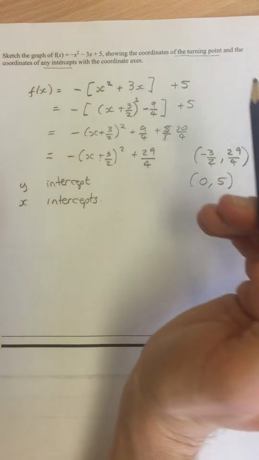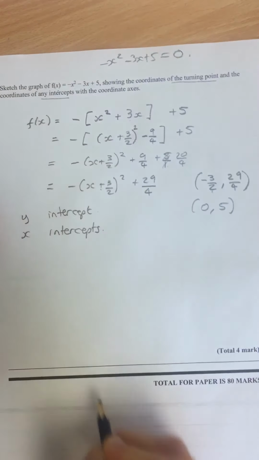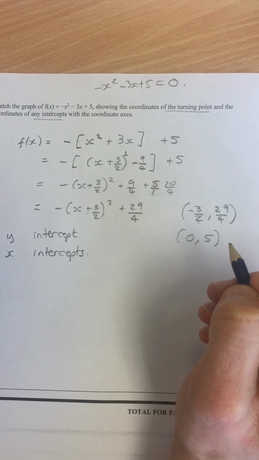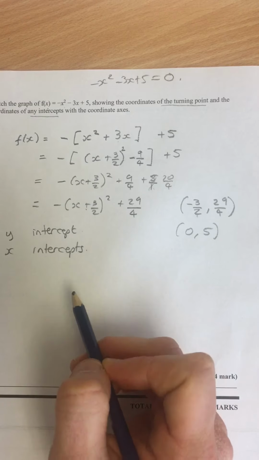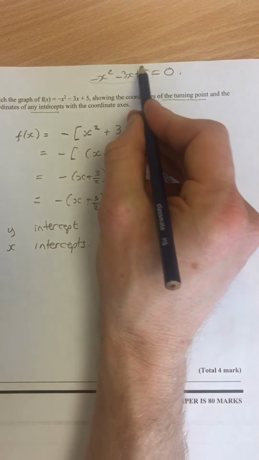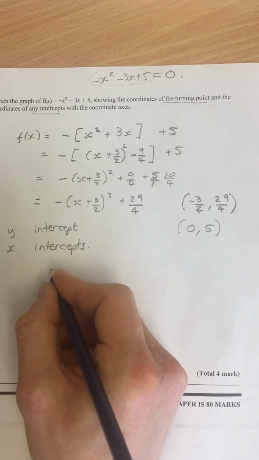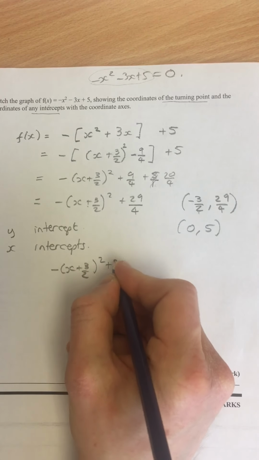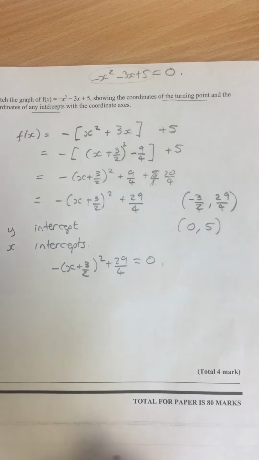And this will not factorise very nicely. If I actually wrote down minus x squared minus 3x plus 5 equals 0, that does not factorise nicely. So, given that I've already completed the square, instead of writing this, I could write this: minus x plus 3 over 2 all squared plus 29 over 4 equals 0.